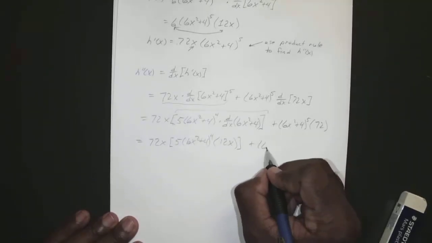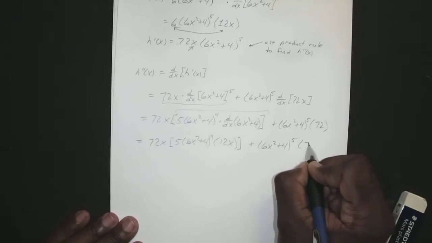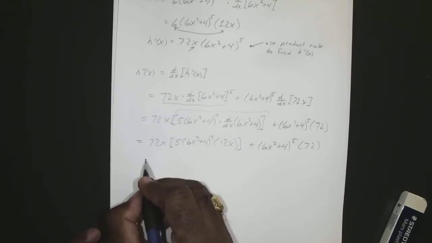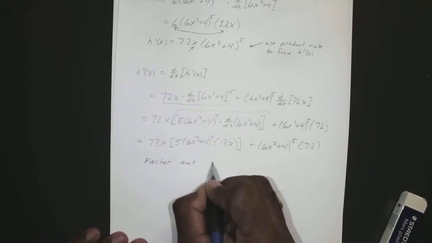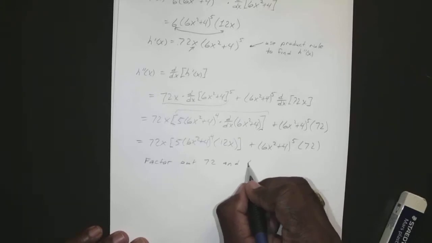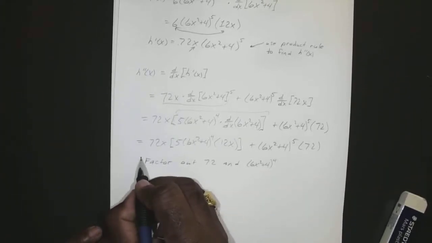Plus (6x² + 4)^5 times 72. Okay, so just like before, we can factor out 72 and (6x² + 4)^4.